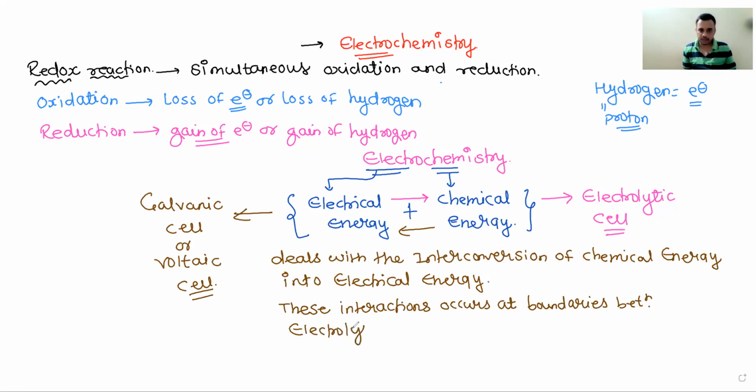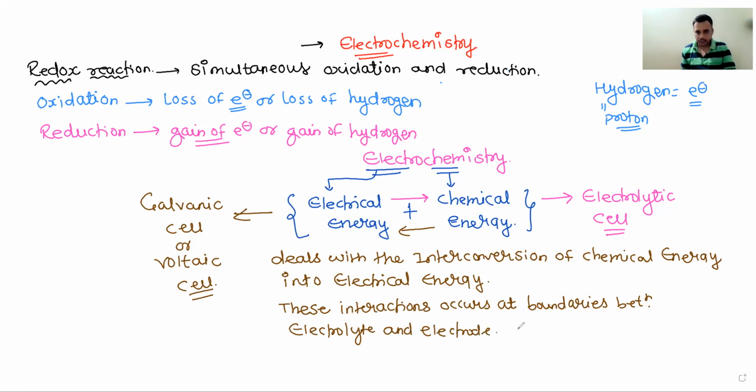Electrolyte is nothing but the solution basically. So we are going to study this particular part, the electrolyte and the electrode, the current carrying instrument, or we can say a metal that we use to carry a current.